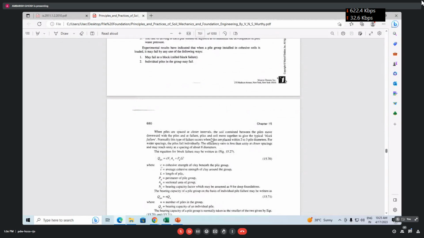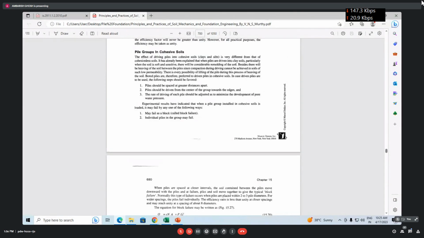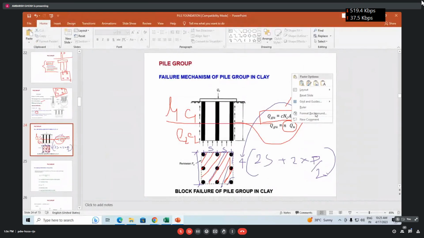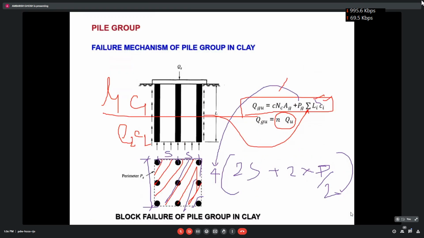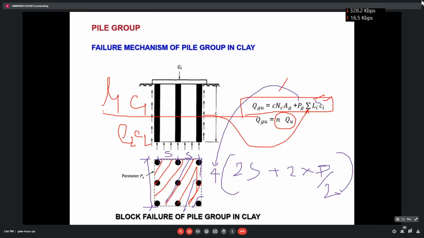So, spacing is? Let us take a 20 meter pile length.